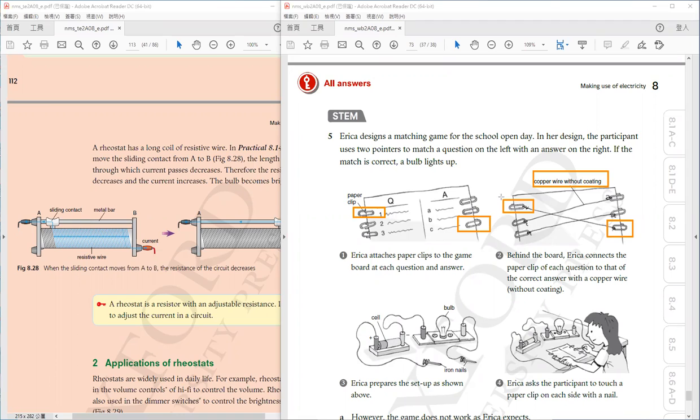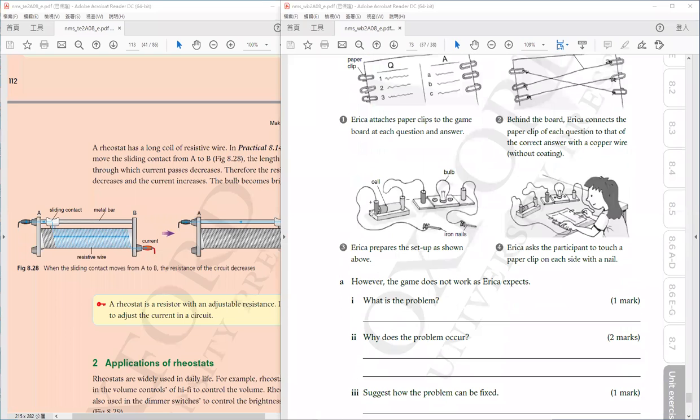With a closed circuit, they can light up a light bulb. When the student gets the correct matching, they can light up the light bulb, right? But then what's the problem?